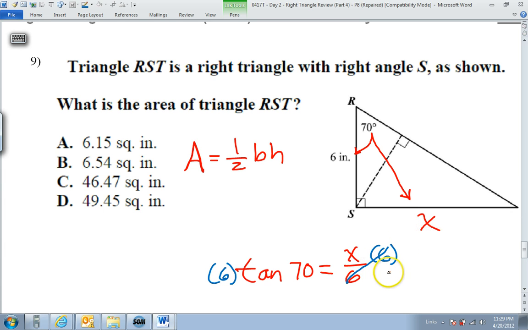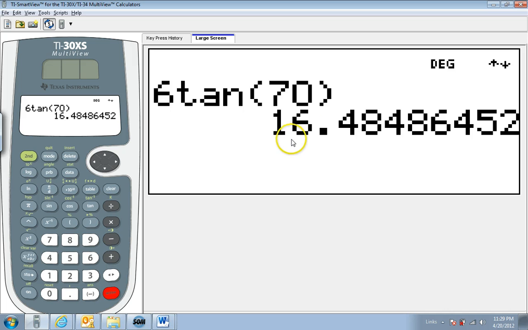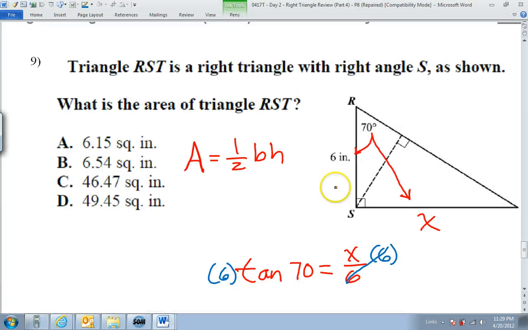Okay, we better keep more decimals than that since we're not actually quite done. So let's see, 16.485. Okay, that is the base.